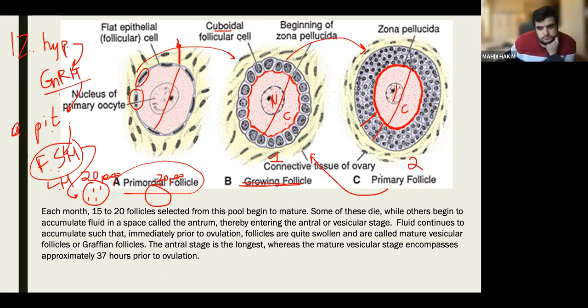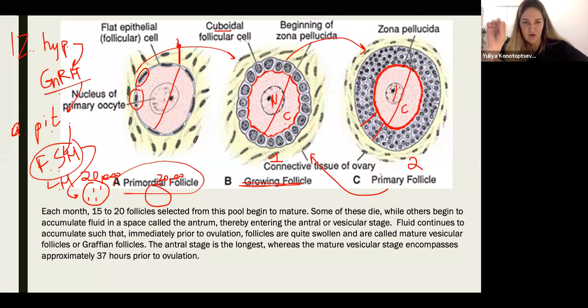These stratified cuboidal follicular cells, as you can see, look like little tiny dots, like little tiny granules. As a result, they have a name. They're also known as the granulosa cells. These cells right here are granulosa cells.